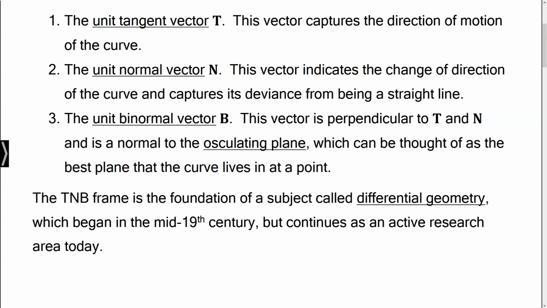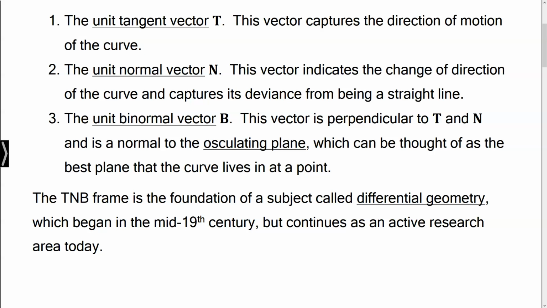If you had a plane curve, the osculating plane is just the xy-plane, the plane that the curve lives in. So the osculating plane is the plane that the curve best lives in, close to that point. And the unit binormal is just a unit normal to that plane, which you get by the cross product.